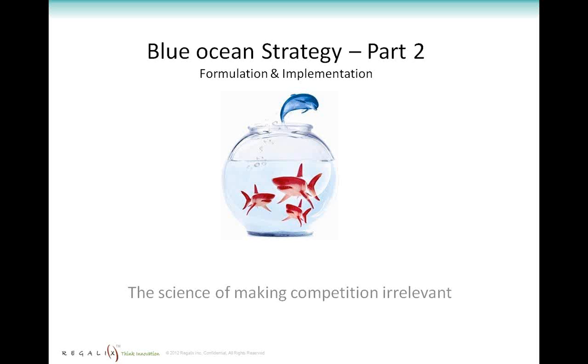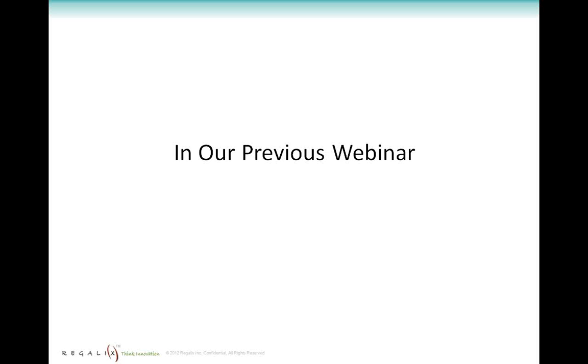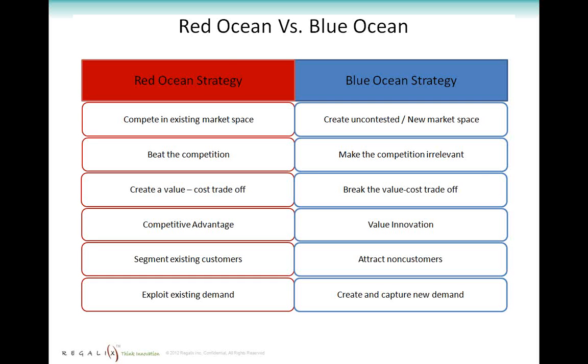Good morning, and thank you for participating in the second part of the Blue Ocean Strategy webinar. In our previous webinar, as many of you might recollect, we had discussed the difference between red oceans and blue oceans, wherein red ocean is about competing in the existing marketplace. It's about trying to beat competition.